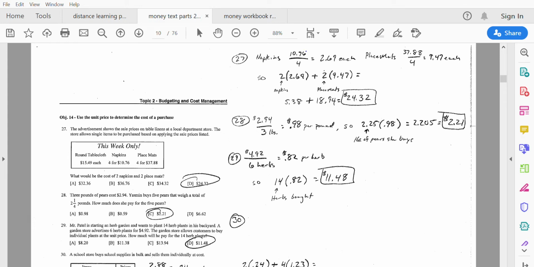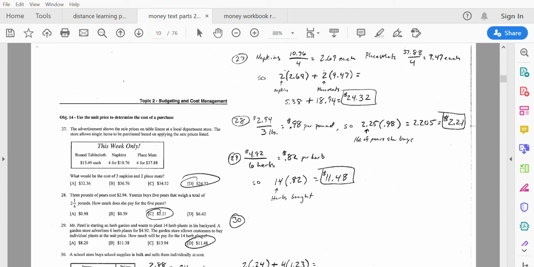So napkins, it's $10.76 for 4. Money on top, amount you get on the bottom, you divide that out, you get $2.69 each. Placemats, $37.88 and you get 4. So you divide by 4, they're $9.47 each. Now that you have the unit price, no matter how many you buy of each, you can just multiply by that number of how many you buy.